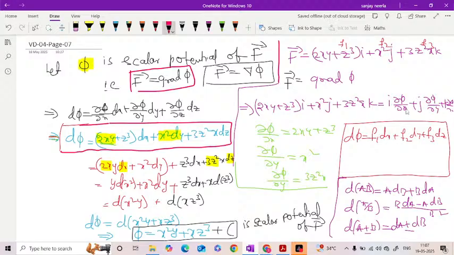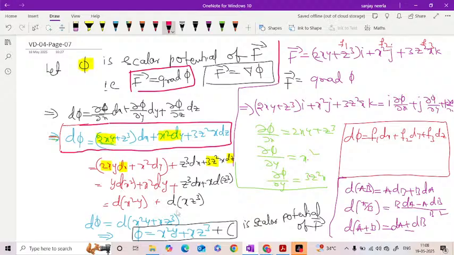So gradient of pi is i into ∂pi/∂x, and j into ∂pi/∂y plus k into ∂pi/∂z. Now after comparison, ∂pi/∂x is equal to the first component, ∂pi/∂y is equal to the second one, and ∂pi/∂z is equal to the third one. This is our first result, with f1, f2, f3, and substitute here. It is the differential equation, and anyway this is an exact differential equation.